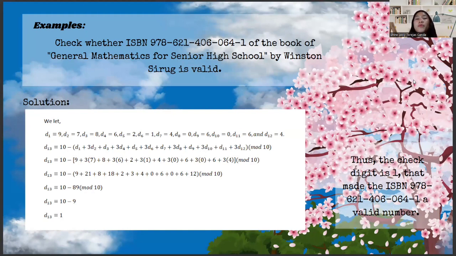Same process as what we have in UPC and EAN 13. We are going to let D sub 1 until D sub 12 be its corresponding digits provided in the situation. After that, we are going to use the check digit formula of ISBN with 13 digits since the given ISBN is 13 digits.